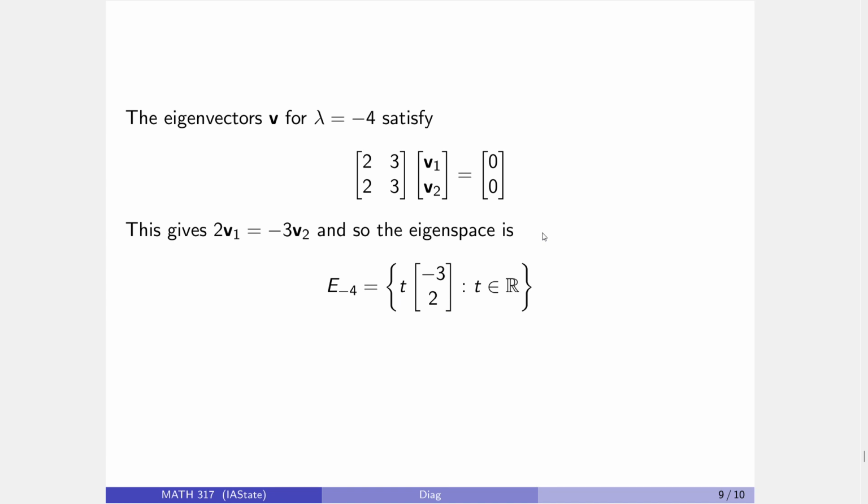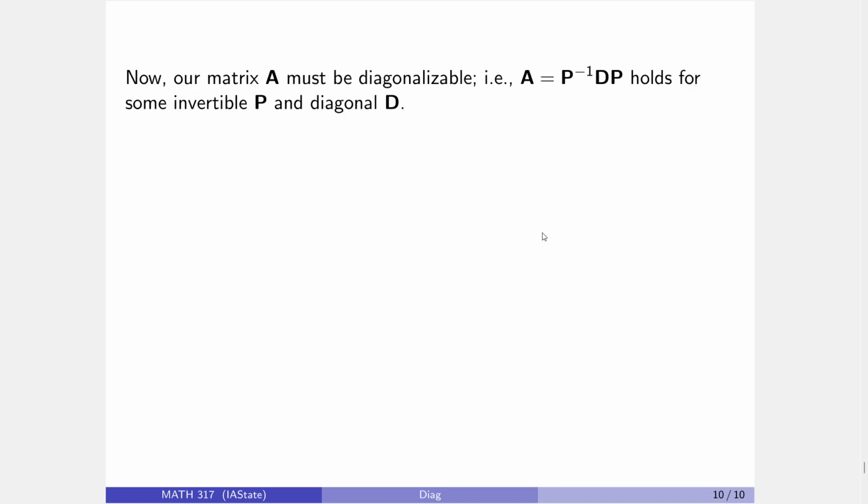And now, equipped with all of this, our matrix has to be diagonalizable, because, again, we know that since it has two eigenvalues, and it's a 2 by 2, it must have two linearly independent eigenvectors, so it's got enough to be diagonalizable.